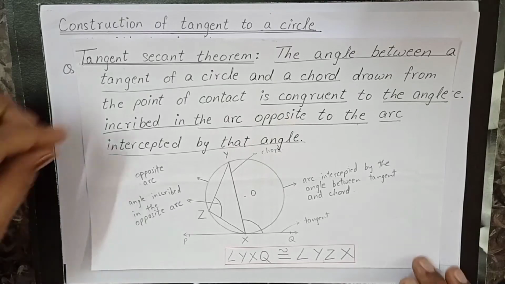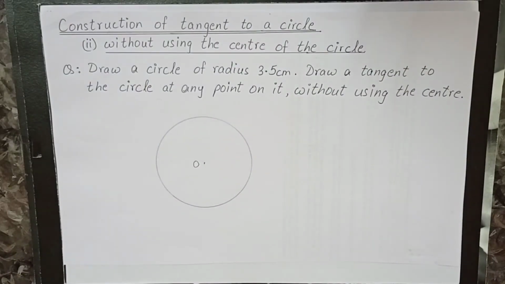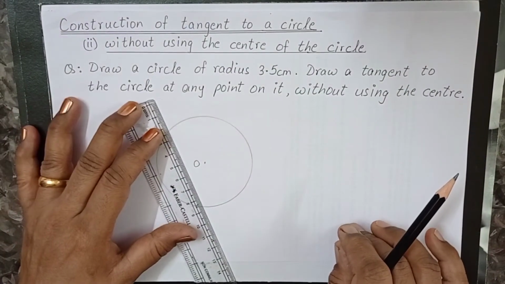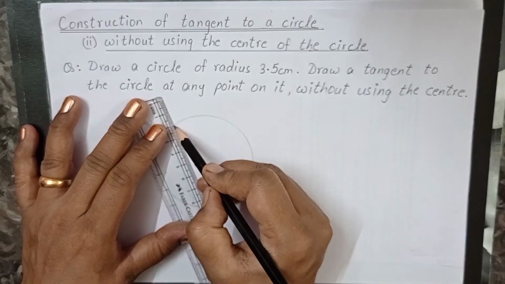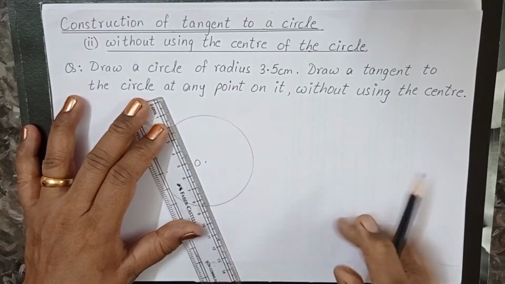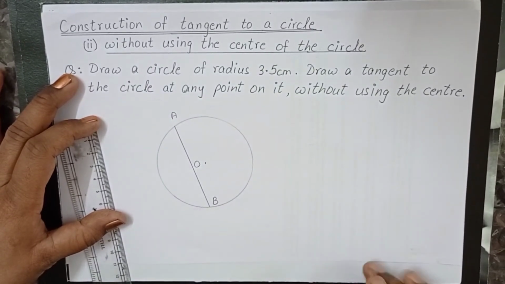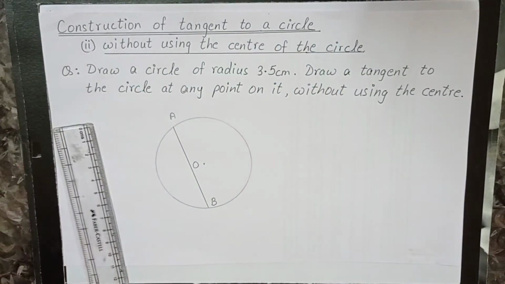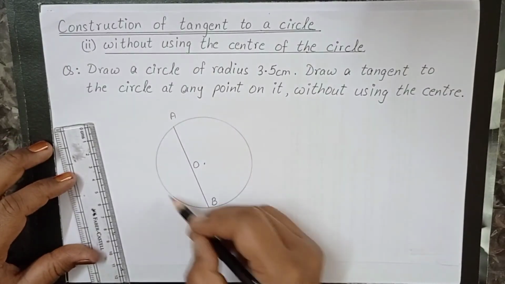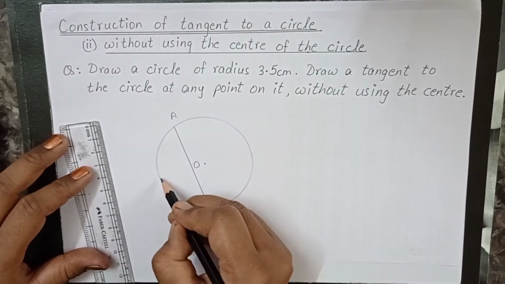So first and foremost, we will draw a chord anywhere. Let us draw a chord, something like this. Let us name it AB. Okay. Now we have to inscribe an angle in this opposite arc. So take any point anywhere.